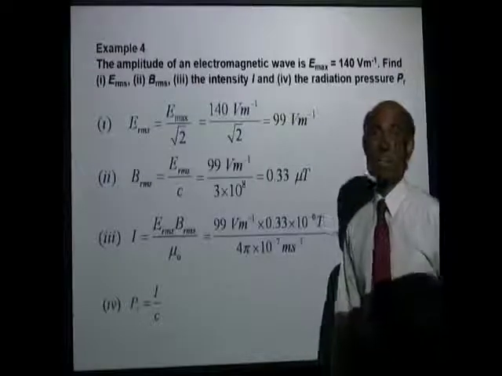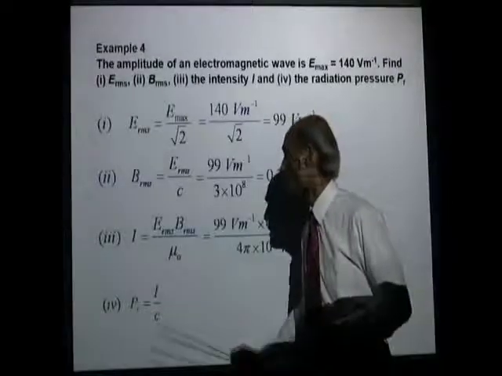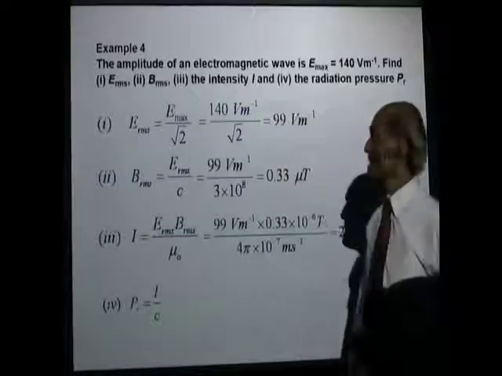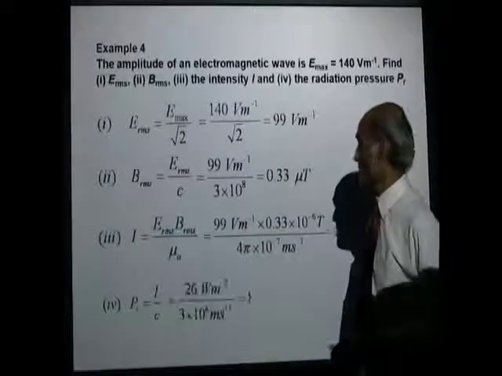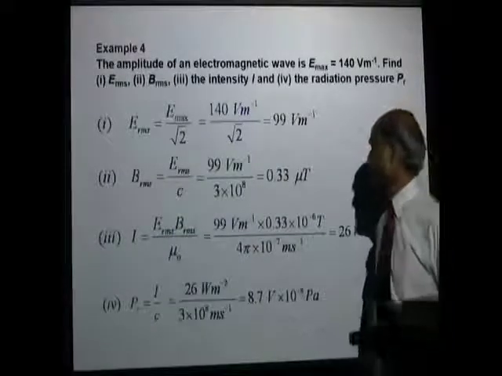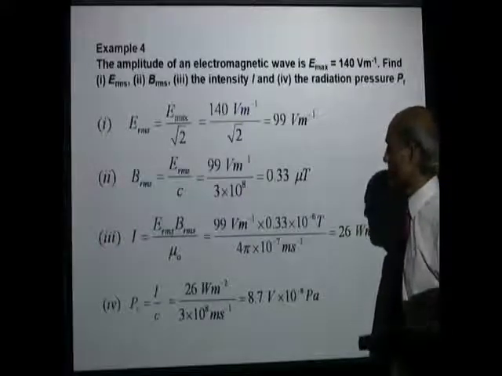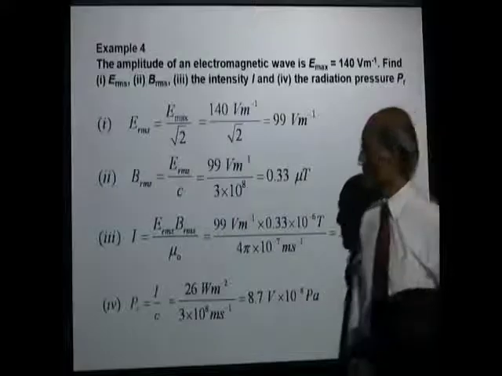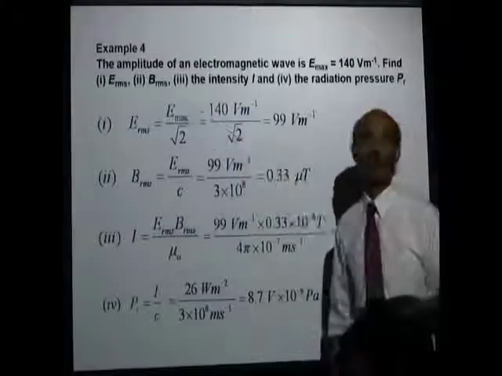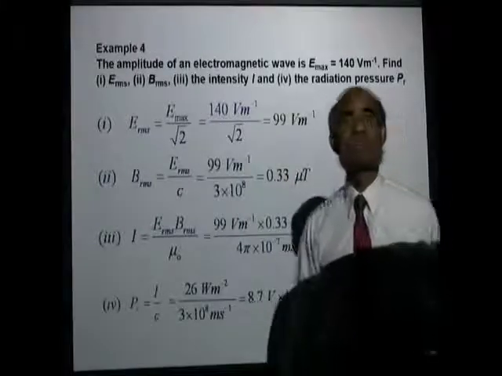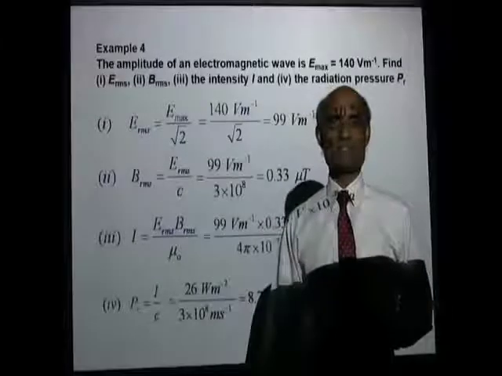Well, we have the radiation pressure P sub R equal to I over C. We have I, and we know C. That is 8.7 times 10 to the negative 8 Pascal. Well, simple problems, but you must be able to recall all these equations.